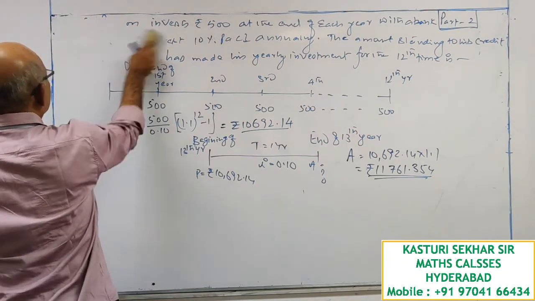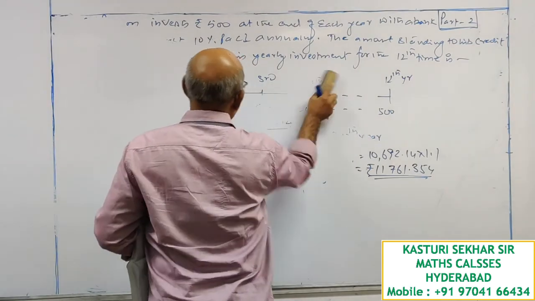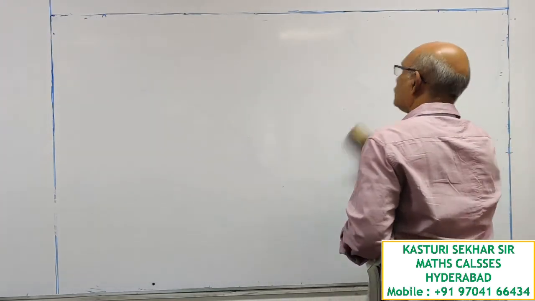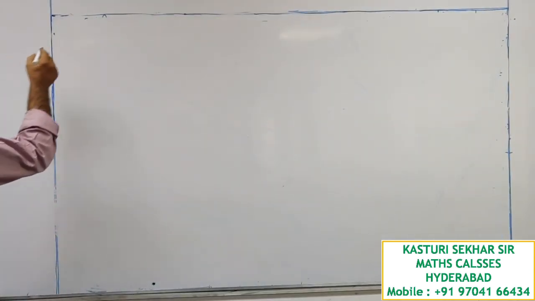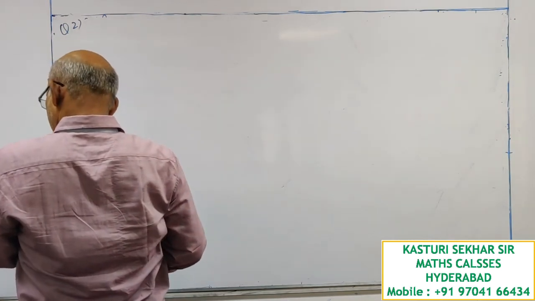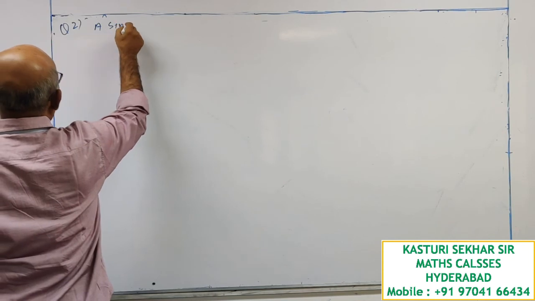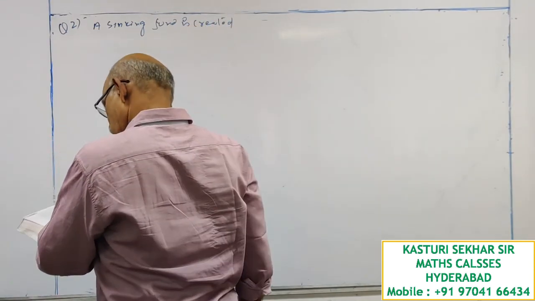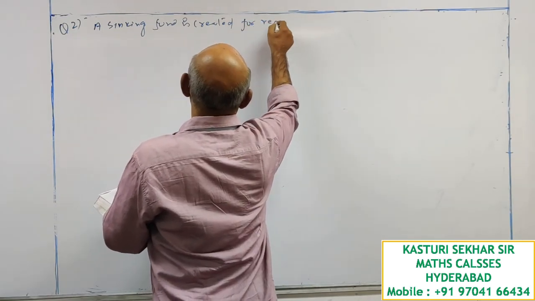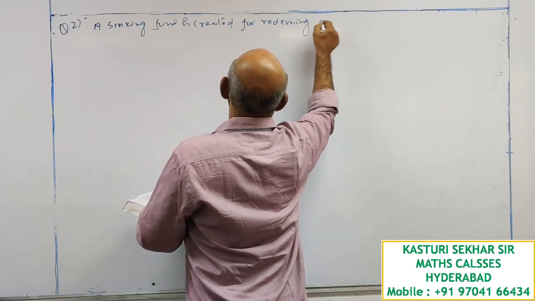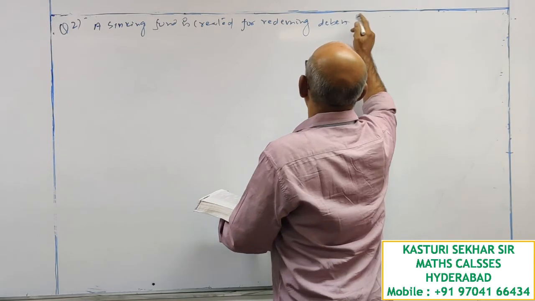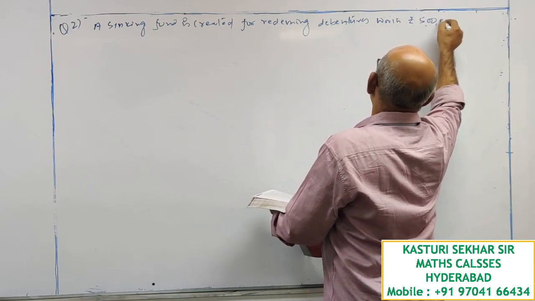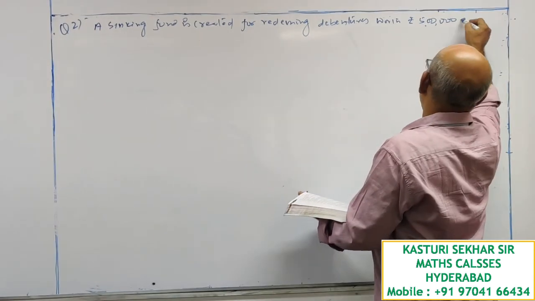See the next question. A sinking fund is created for redeeming debentures worth rupees 5 lakhs at the end of 25 years.